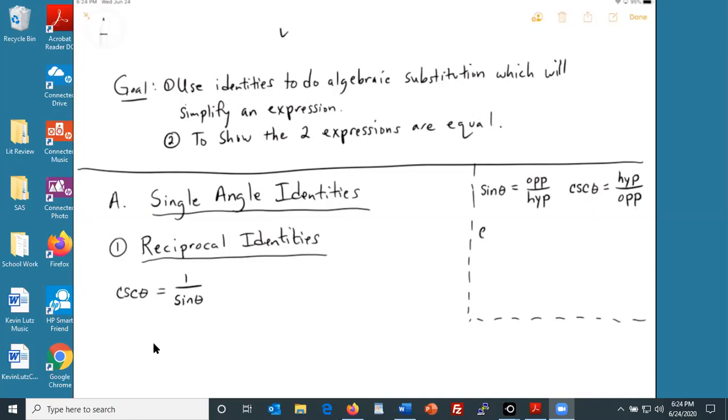Okay, and then we also had cosine is adjacent over hypotenuse. And remember, the secant function is the reciprocal of that. So we could write down also that the secant of theta is the reciprocal of cosine, 1 over cosine. And similarly, the cotangent function is the reciprocal of the tangent function.